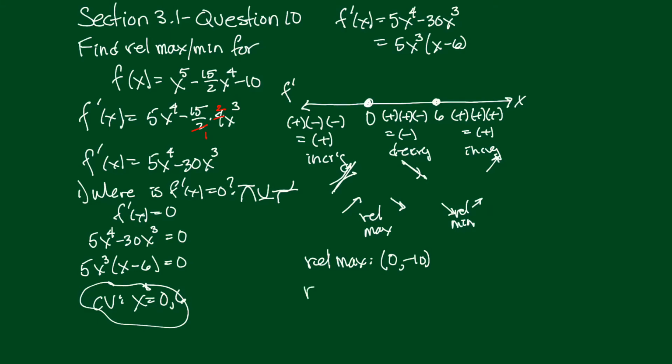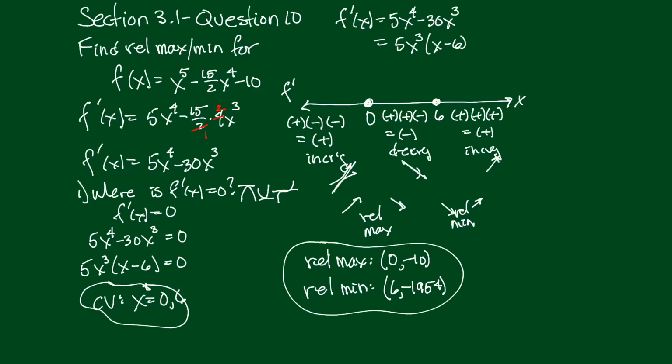And then we're going to get a relative minimum at 6. Now, we have to put 6 back into this original function. 6 to the 5th minus 15 halves, 6 to the 4th minus 10. So I did that on my calculator, and I got negative 1954. Way down there. All right, so there's my relative max, relative min.